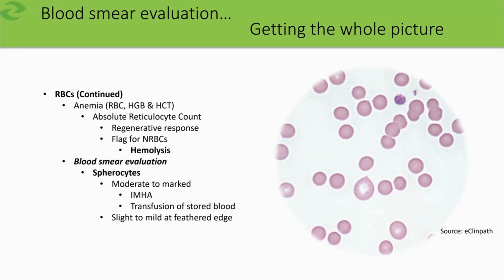When you get out into that feathered edge, when you get really thin there, almost all the red cells, regardless of species, will start to look like spherocytes. So be careful that you're evaluating for the presence of spherocytes in the monolayer. And again, that's where about 1/3 to 2/3 of the red cells are touching one another.